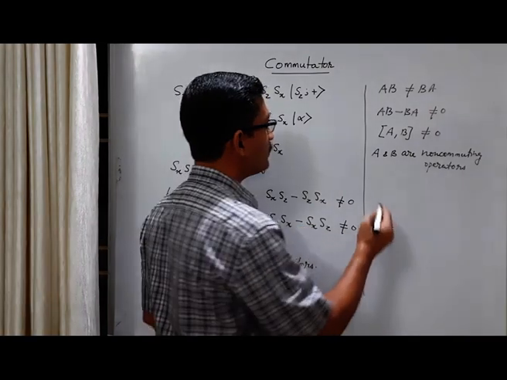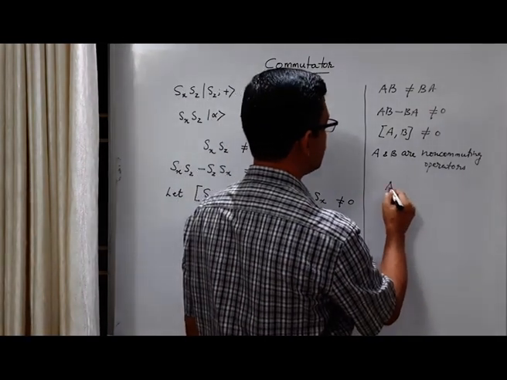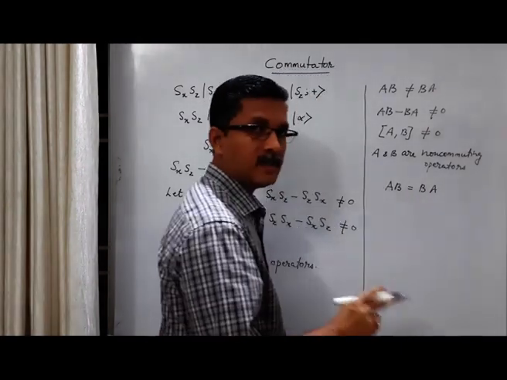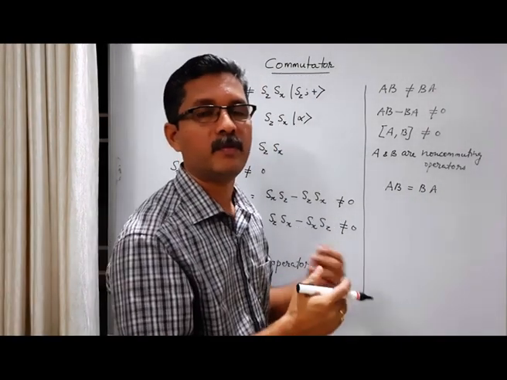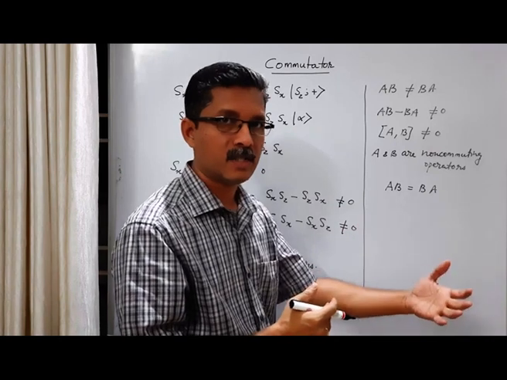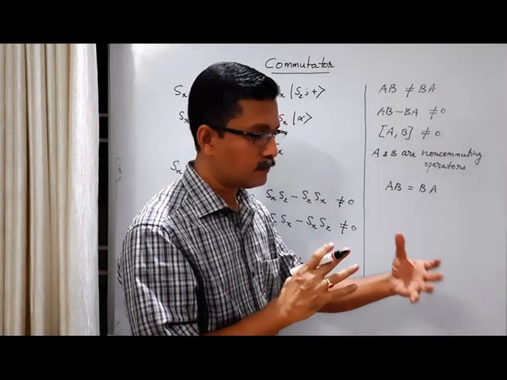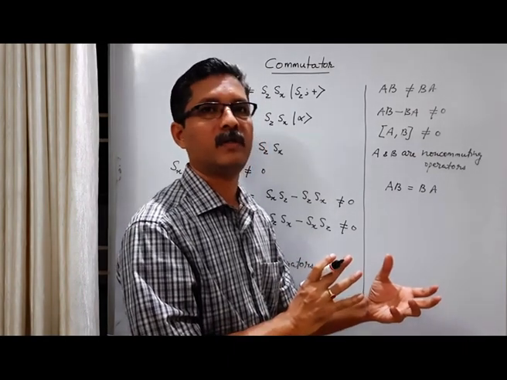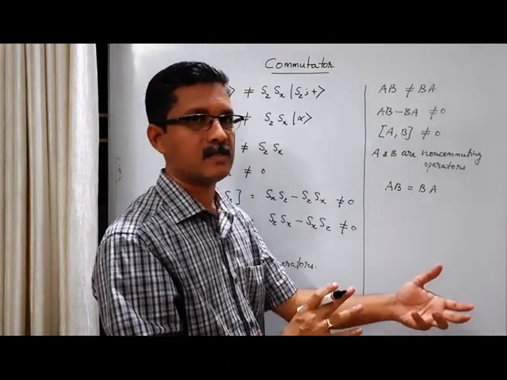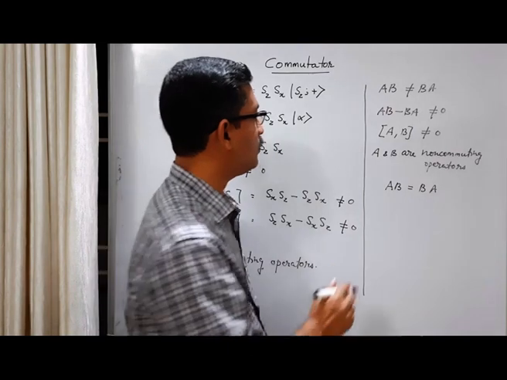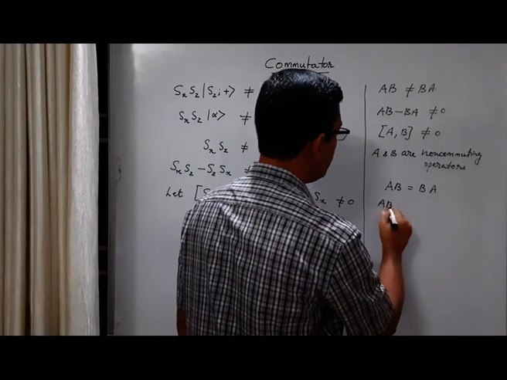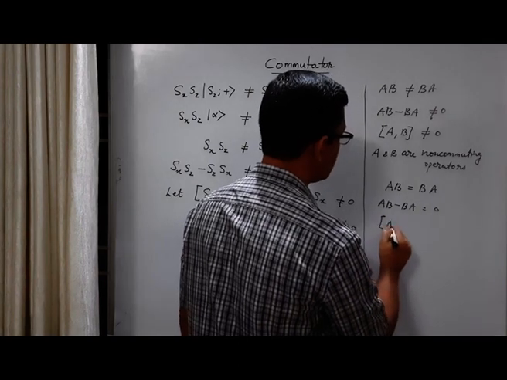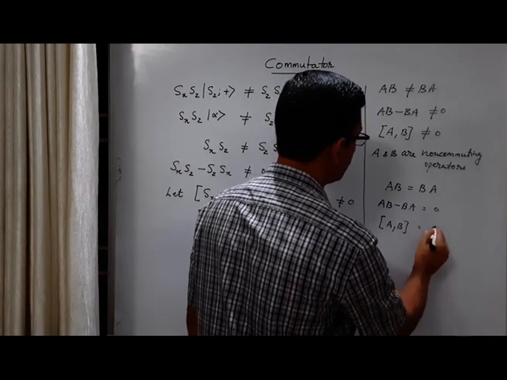Then if two operators are commuting operators, what is the situation? AB equals BA. That means the order in which we make the measurement in a sequential measurement of two operators or two physical quantities is not important. In whatever order we measure, we get the same final state. So AB is equal to BA, or AB minus BA equals 0. That is, the commutator A comma B equals 0.